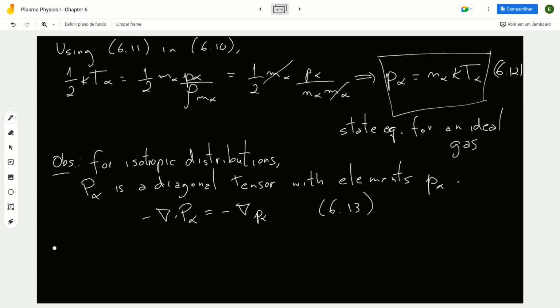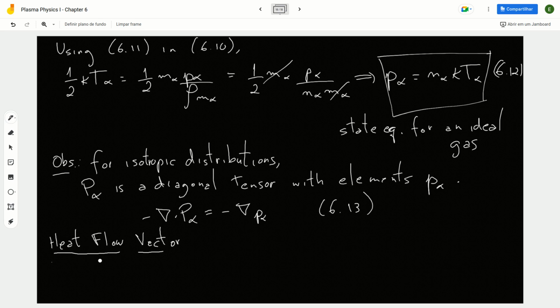The next vector that we can define here is the heat flow vector. We have defined the momentum flow tensor. And now we can define the heat flow vector.